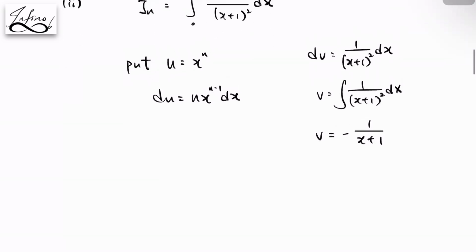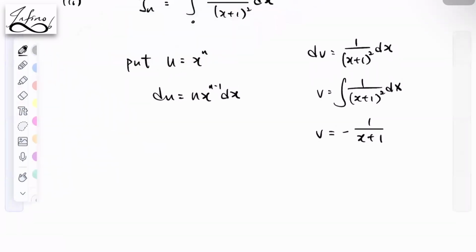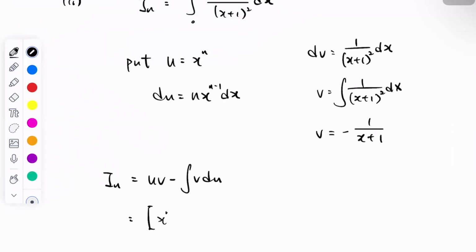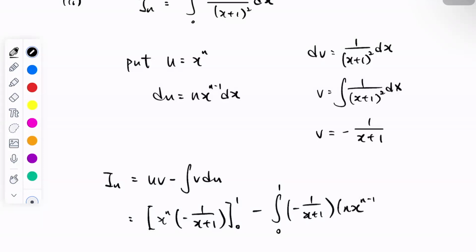The integration by parts formula is In equals uv minus the integral of v du. u in this case is x^n, and v is negative 1 over (x plus 1), evaluated from 0 to 1, minus the integral from 0 to 1 of negative 1 over (x plus 1) times du, which is n x^(n minus 1) dx.